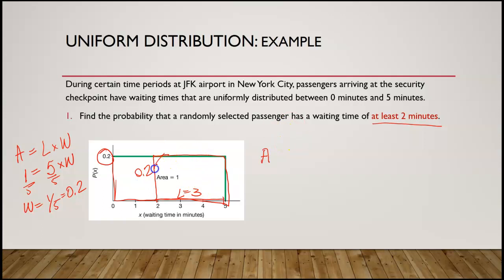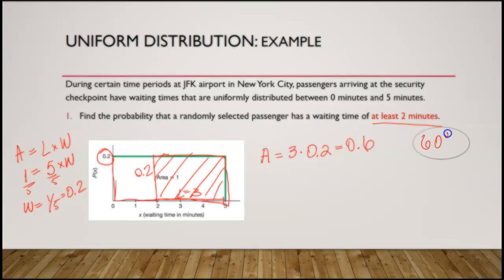Area or probability is equal to 3 times 0.2, which is equal to 0.6. The probability that a randomly selected passenger has a waiting time of at least 2 minutes is 60%, or 0.6.